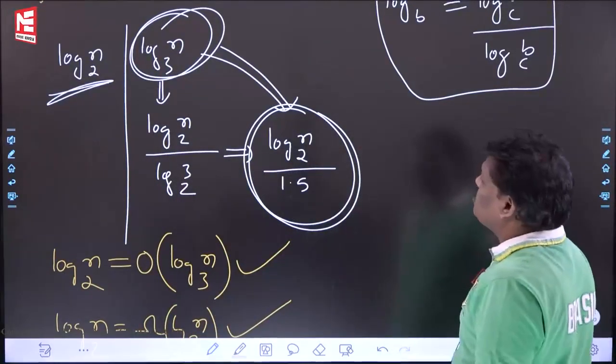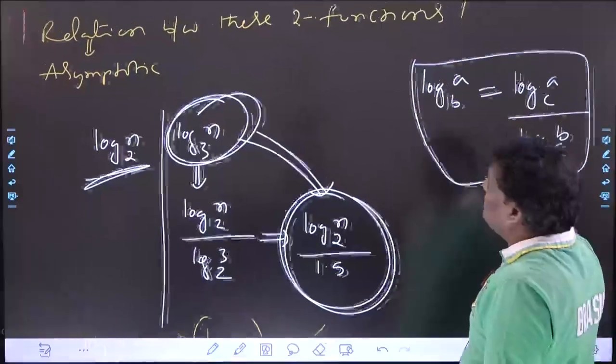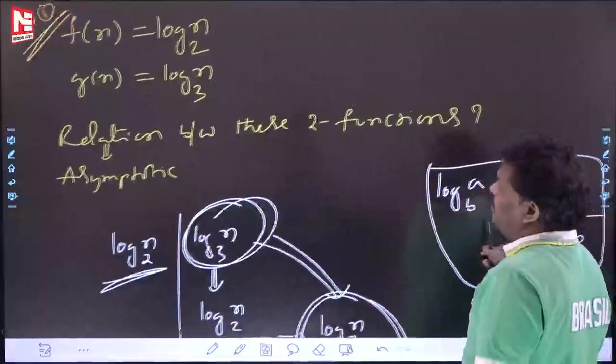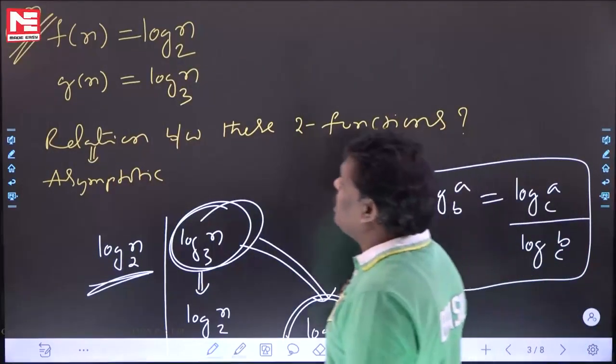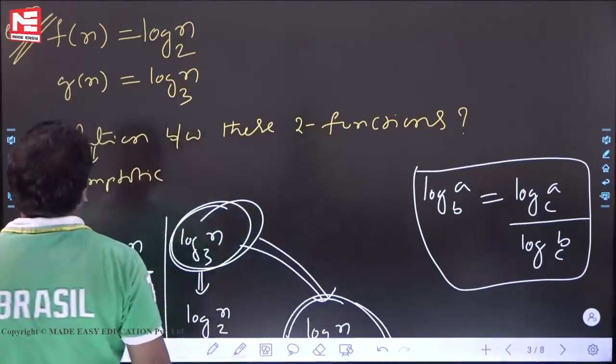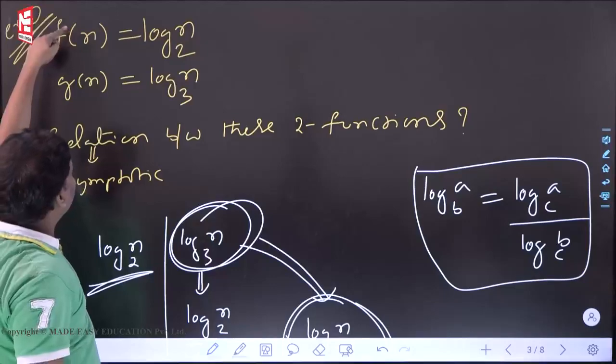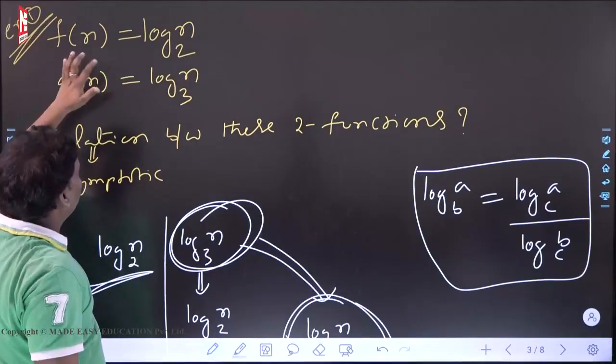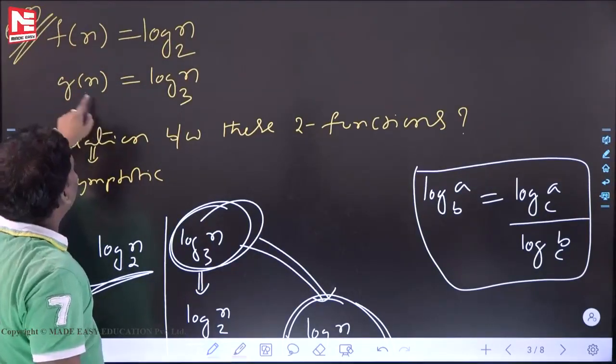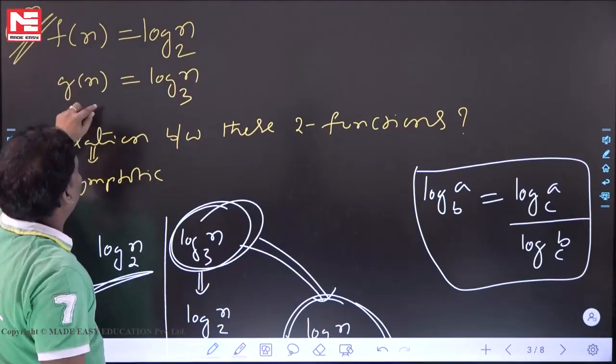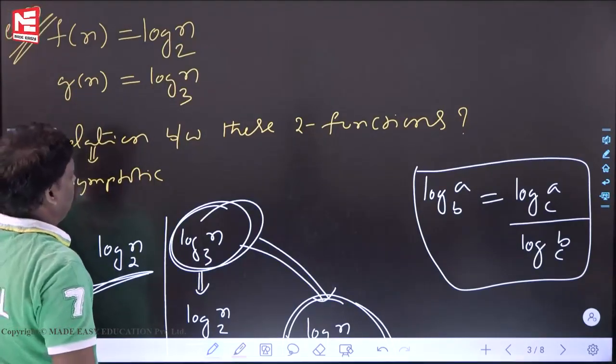From this problem, this formula, I want to say how to compare f of n and g of n, who is bigger? Both are asymptotically equal. Mathematically f of n is bigger and g of n is smaller, but asymptotically both are equal because g of n is smaller by 1.5 times only, a constant number of times.